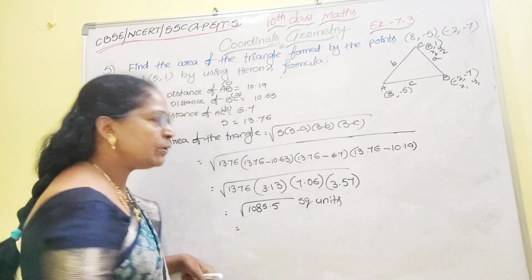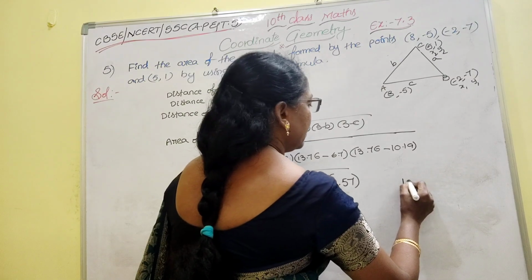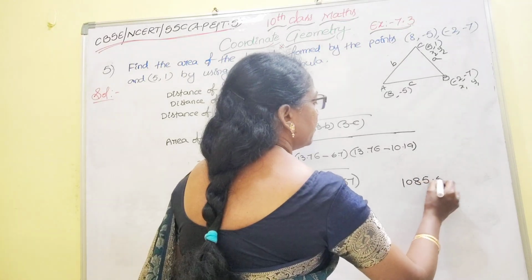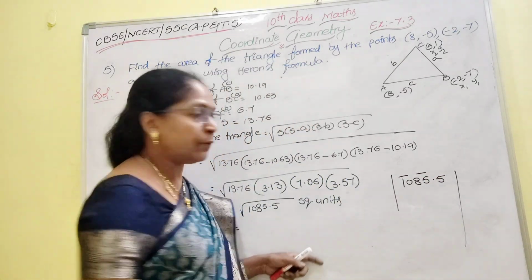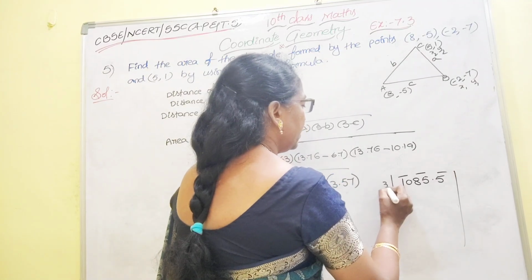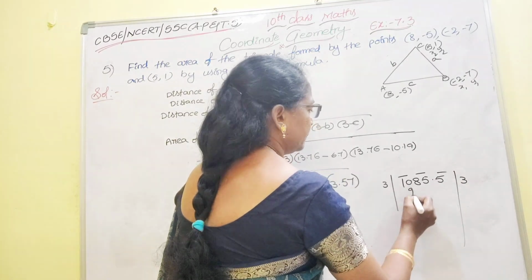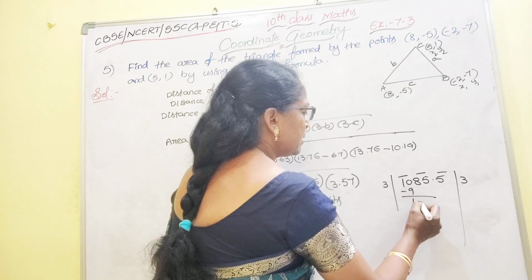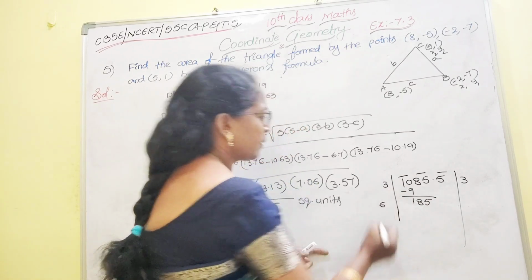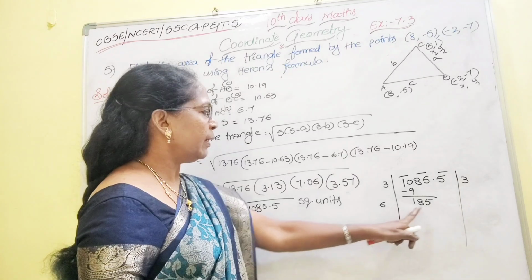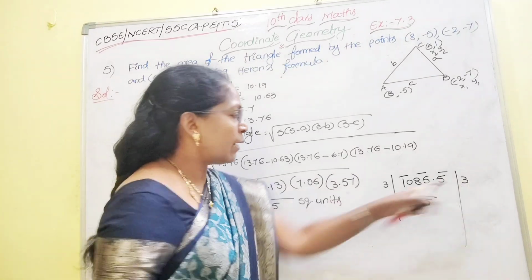Now find the square root of 1085.5. Two digits you have to make as one group. Now 3 3s are 9. 1 is a balance. Next, 85. Double this number, 6. Whatever number you are keeping, the same number you have to write here also.